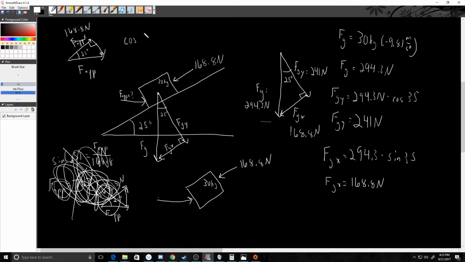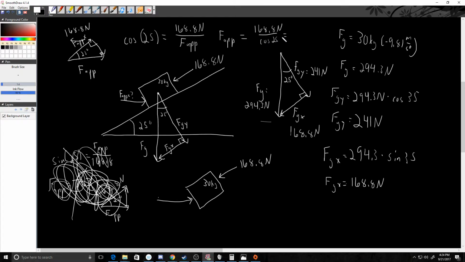So cosine of 25 is equal to adjacent over the hypotenuse, which is what we're looking for. Algebra tells me to multiply both sides by force applied and divide both sides by cosine of 25. I know I'm starting to jumble up here. That's the math I need to do.